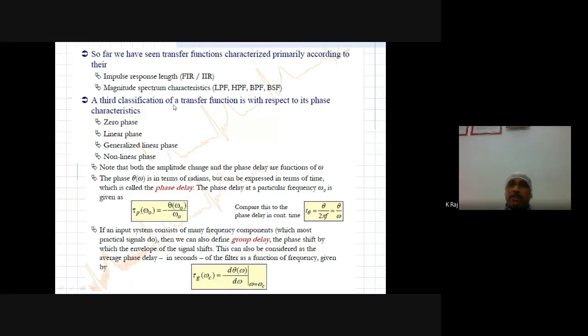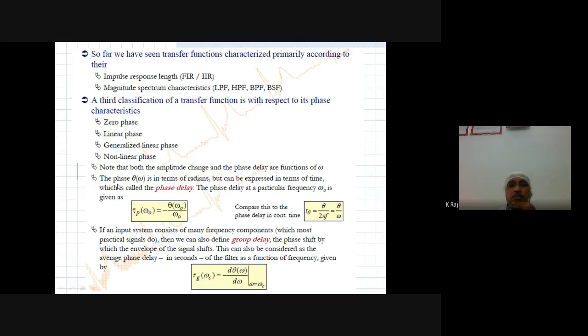A third classification of the transfer function is with respect to its phase characterization: zero phase, linear phase, generalized linear phase, non-linear phase. Note that both the amplitude change and the phase delay change with respect to frequency, so they are functions of omega.